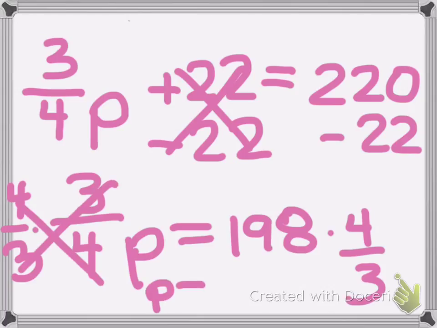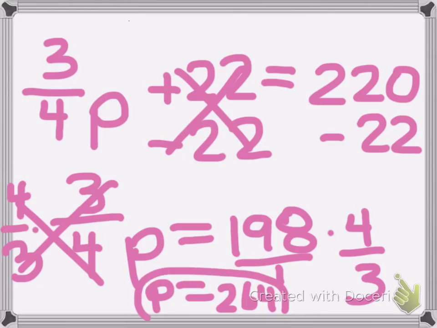So I have p by itself. I need to make 198 into a fraction, so 198/1. And then I'm going to multiply my numerators together, so 198 times 4, which is 792. And then I need to divide that by 3, or 3 times 1, which is 3. So 264 would be my answer.